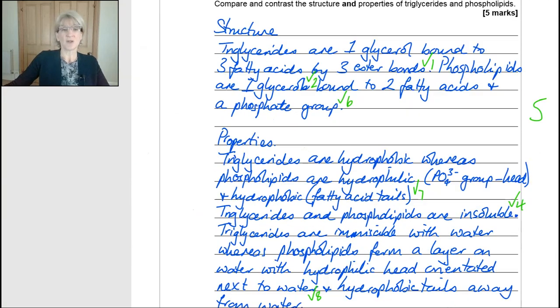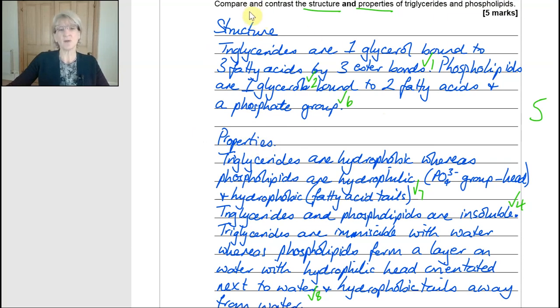This is asking you to compare and contrast the structure and properties of triglycerides and phospholipids. So these are the key things: the structure and the properties. I've tried to keep myself focused by giving myself little titles.